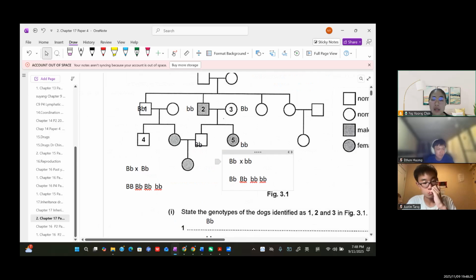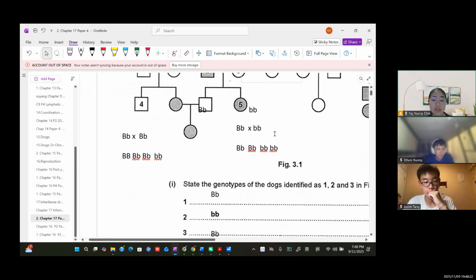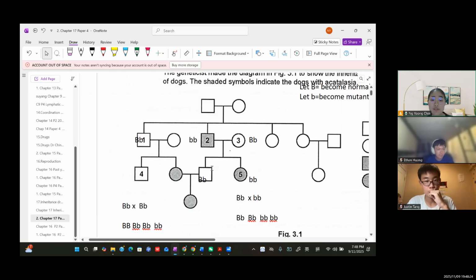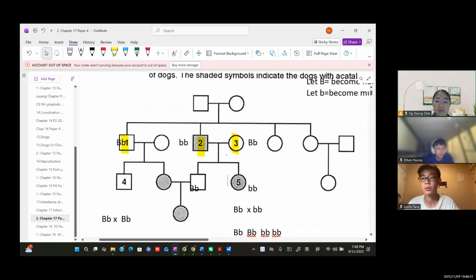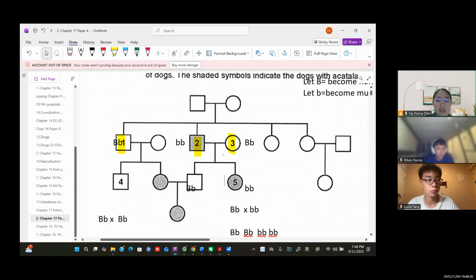So how can you guess? They're asking you about 1, 2, 3, the genotype for 1, 2, and 3. So you should write about the genotype. How can you guess the genotype? Starting from here, this number 2, you know it is an affected male.